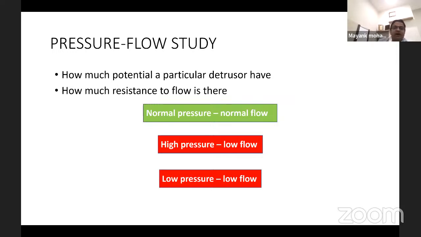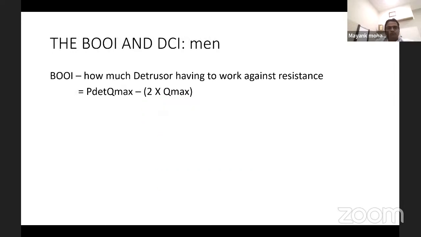Now, how do we define what is normal pressure, what is high pressure? If you go by just how much PDAT is high, if you go by saying PDAT 60 is high, or PDAT 40 is high, or PDAT 20 is high, it is like saying somebody's obese based on the person's weight.